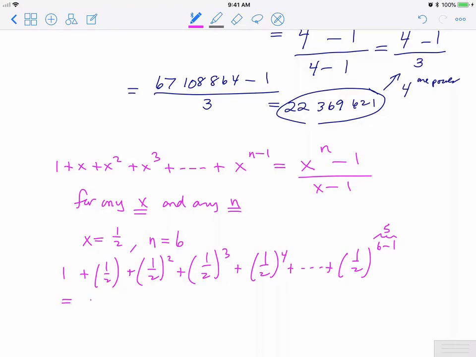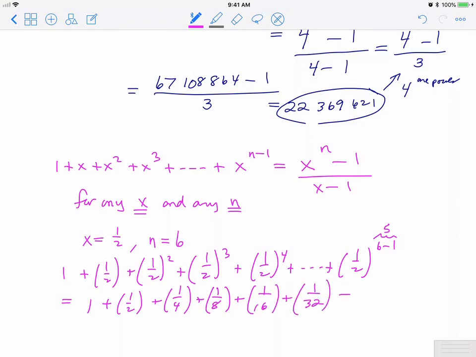And you're thinking, that's not so many numbers to add up, right? 1/2 squared is 1/4, 1/2 cubed is 1/8, 1/2 to the 4th is 1/16, 1/2 to the 5th is 1/32. But just keep in mind it takes a lot of calculator power and time, and there are lots of chances for mistakes to happen.